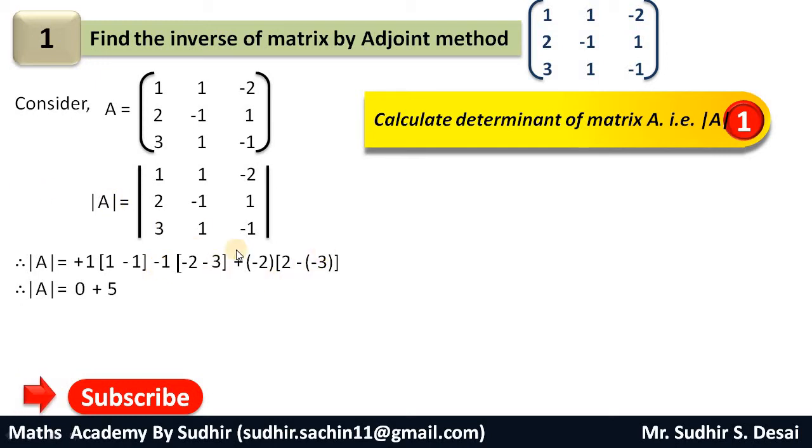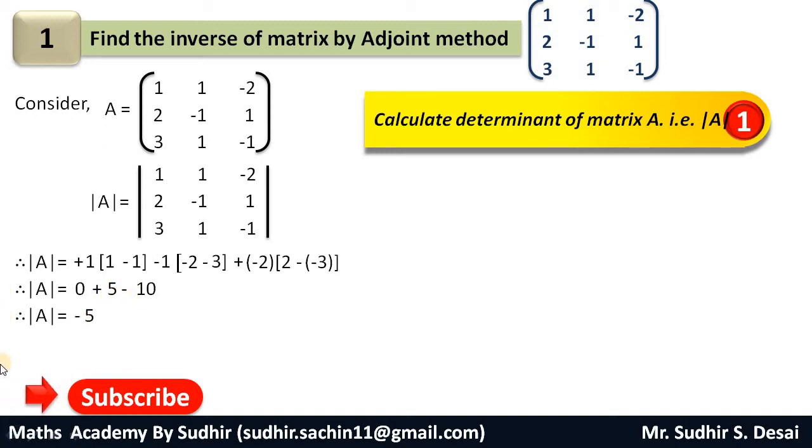And lastly 2 minus minus will become plus 3, so 2 plus 3 is 5, and when I multiply it to -2, so 5 into -2 is -10. So therefore determinant of A is equals to 0 plus 5, 5, 5 minus 10 is -5.